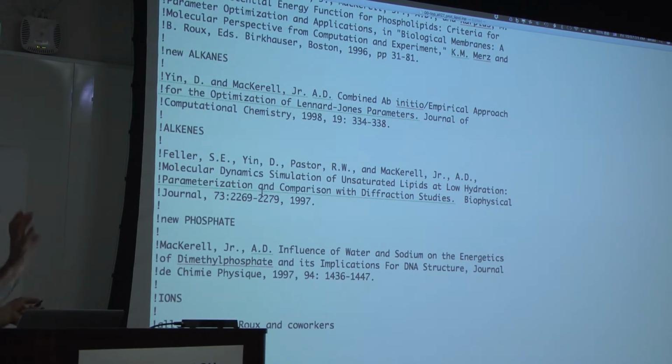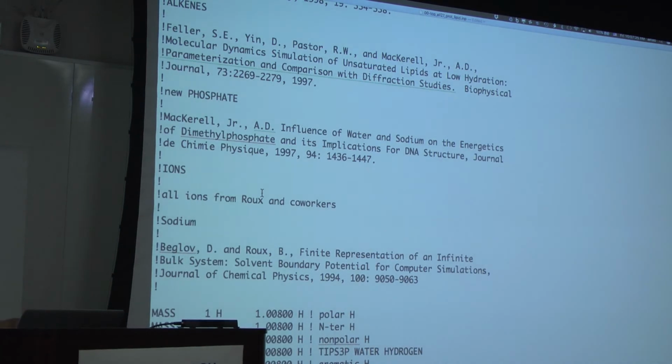They are working with small alkane molecules, model compounds, to generate parameters that are used, for example, for lipid tails, much longer tails, but you don't have to parameterize the entire thing. Alkenes are things that have double bonds. Scott does a lot of lipid simulation. Here, unsaturated lipids at low hydration. They use small molecular species and model compounds to do this.